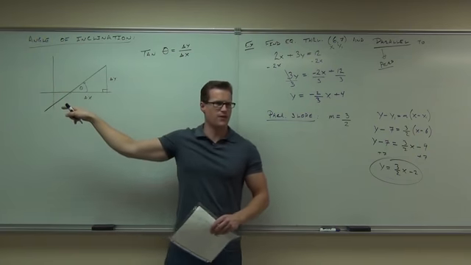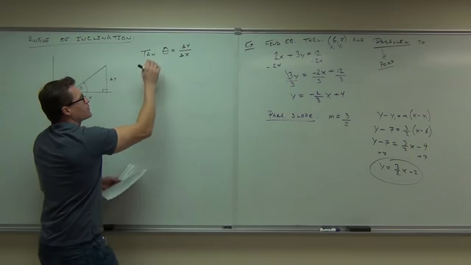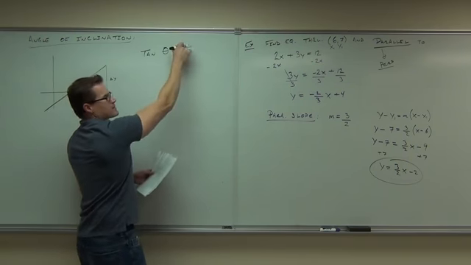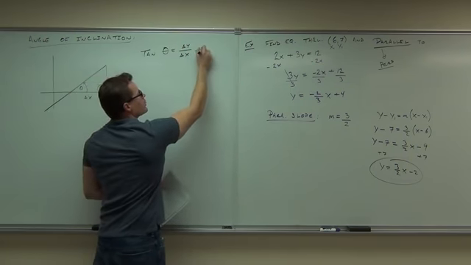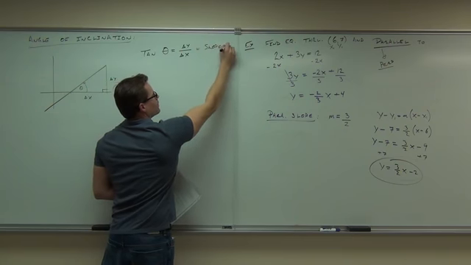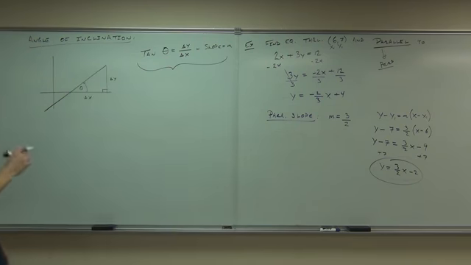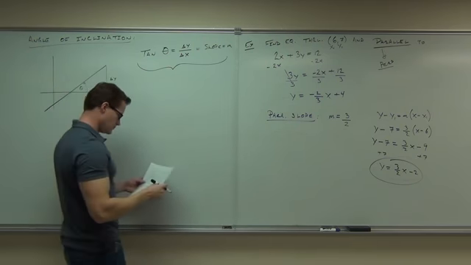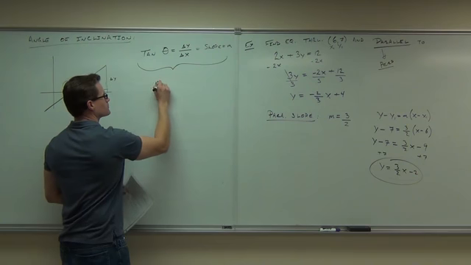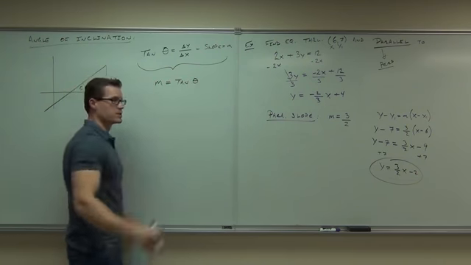Slope. So then we have this relationship. We know that tan theta is delta y over delta x, but this is also the same thing as slope, or m. If you bring all this together, slope's equal to tan theta.